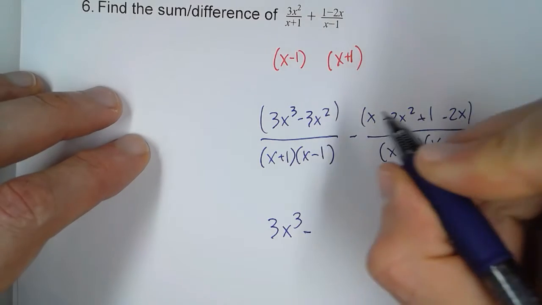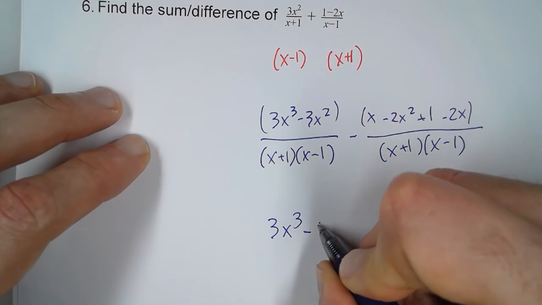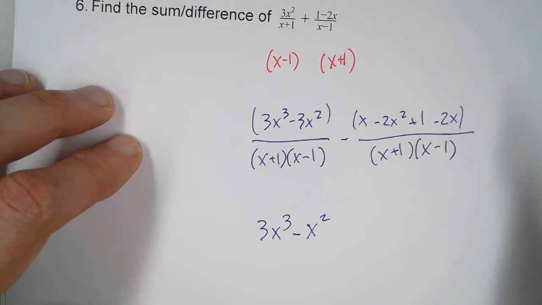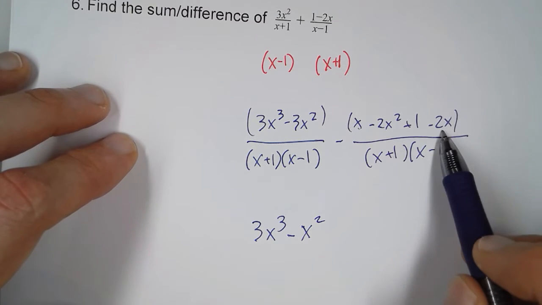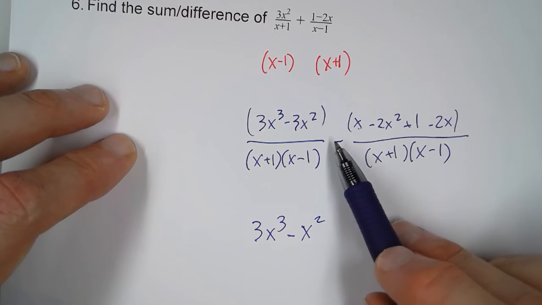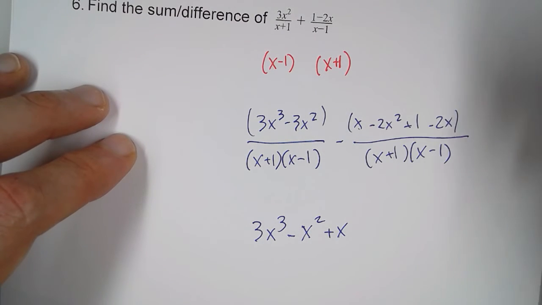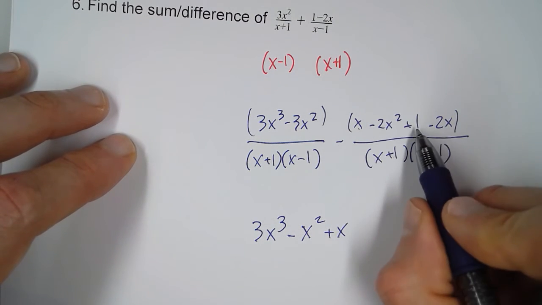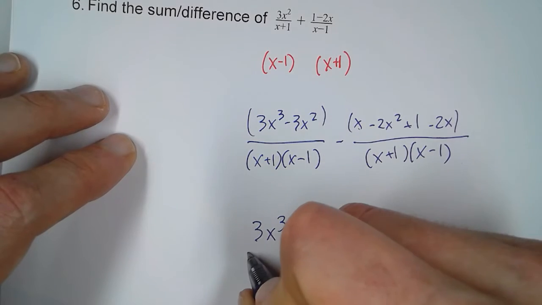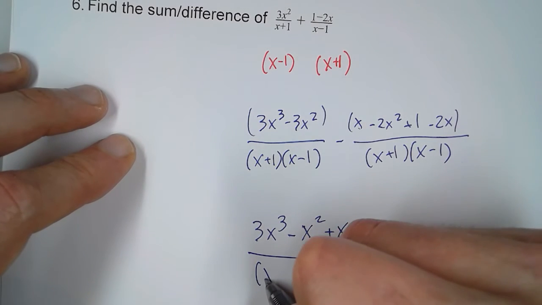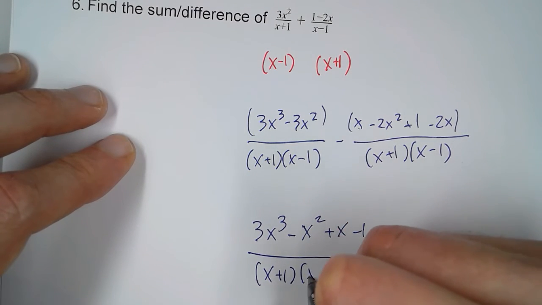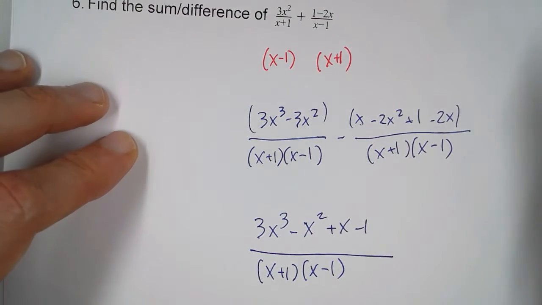So negative 3 plus 2 is negative 1x squared. Here I have x minus 2x is negative x, but don't forget the negative, so that means this is plus 1x. And then here we have a negative on the 1, means minus 1. So all over x plus 1 times x minus 1.